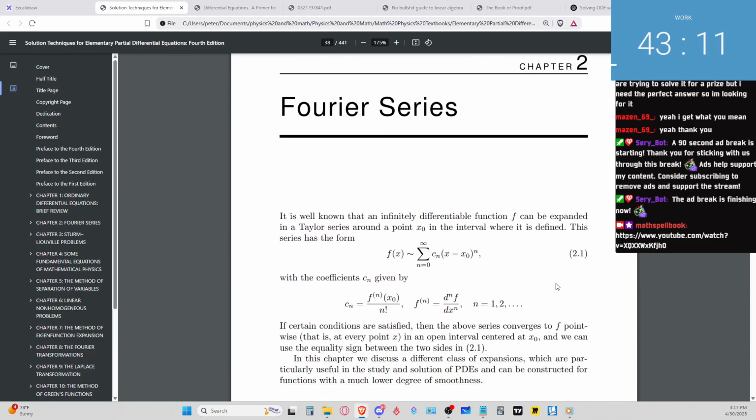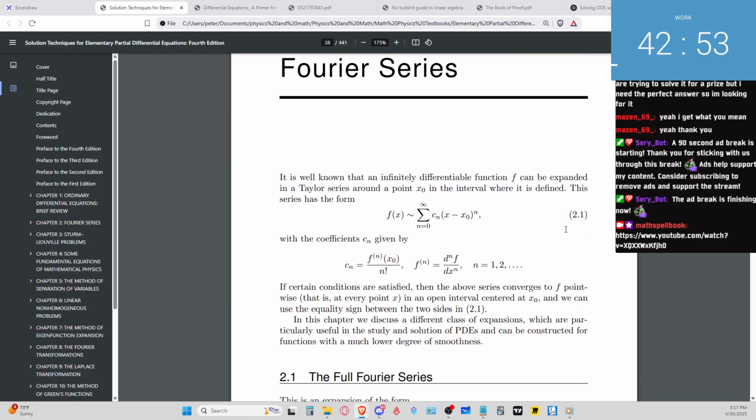Ooh, Fourier series. Okay, so this is going to be new for me because I've never done Fourier series, let alone I've never done Taylor series either. So hopefully they do a gentle approach to this one. Okay, so let's take a look.